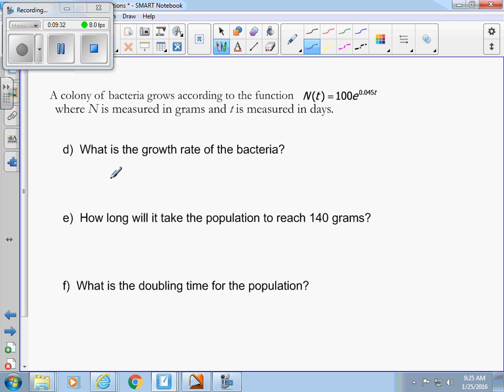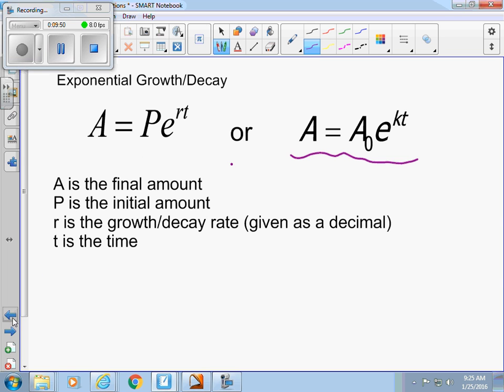Okay. Same function as the bell ringer, but we are asking some different questions. A colony of bacteria grows according to the same function that was on the bell ringer, where N is measured in grams and T is measured in days. What is the growth rate? Well, we just learned that the growth rate is the R, right?